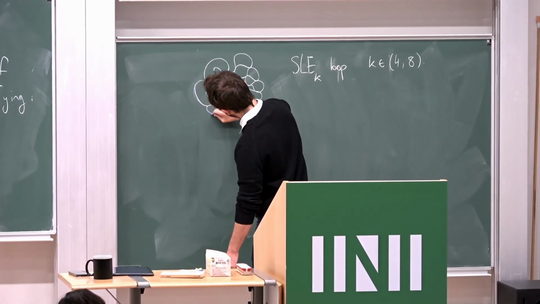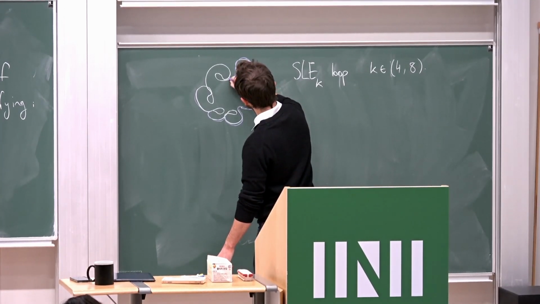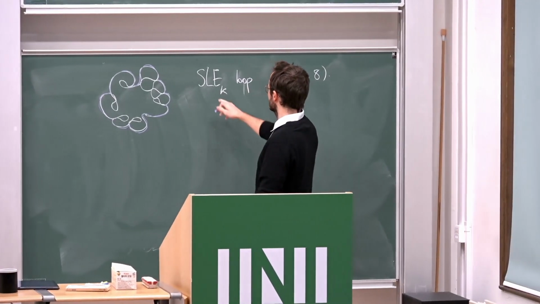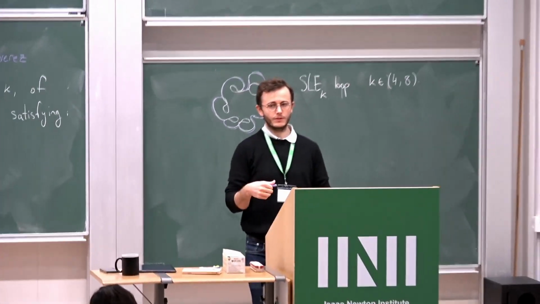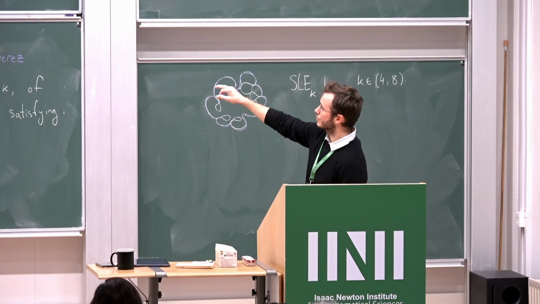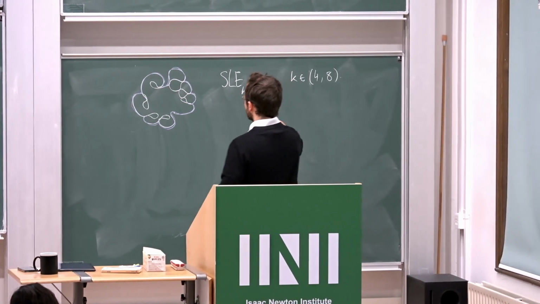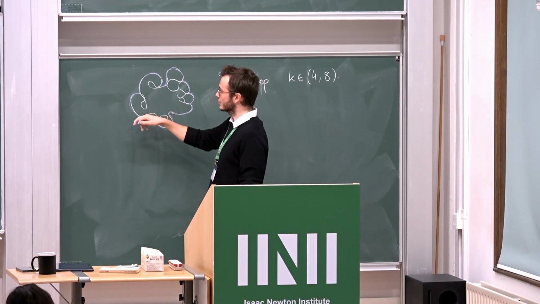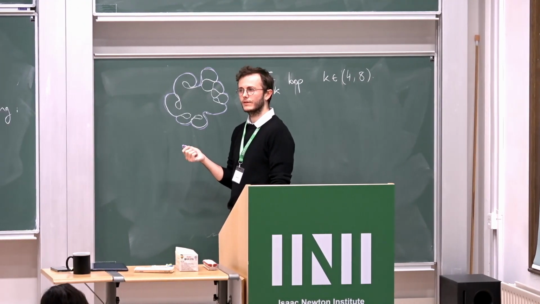I can look at this guy here, the outer boundary if you want. SLE kappa satisfies basically the same restriction property. This restriction property is also true for kappa between 4 and 8. From the restriction property of the curve, you will be able to show that the outer boundary also satisfies the same restriction property.